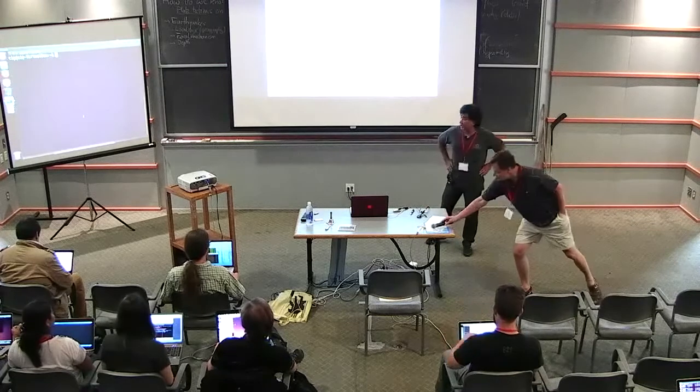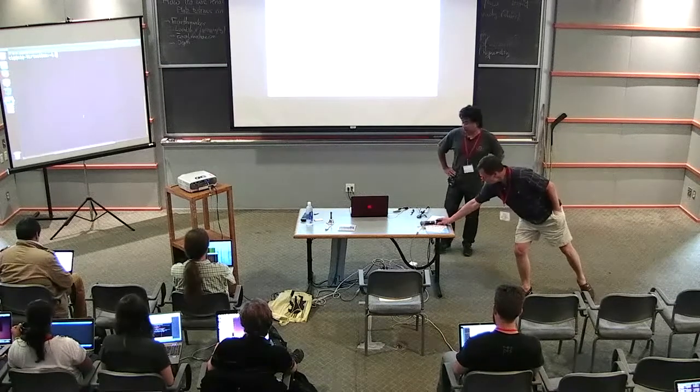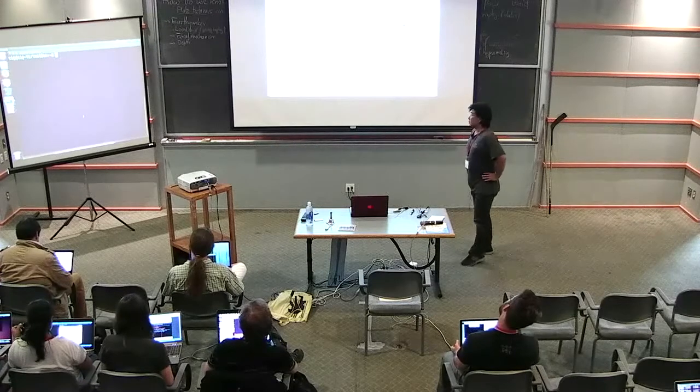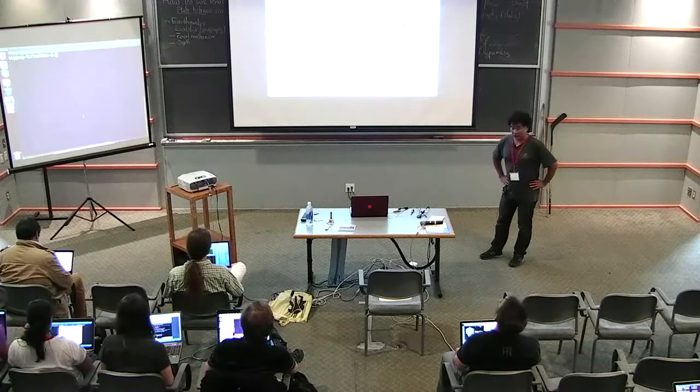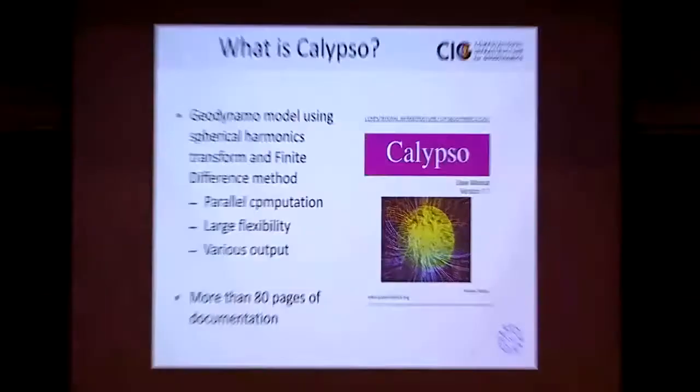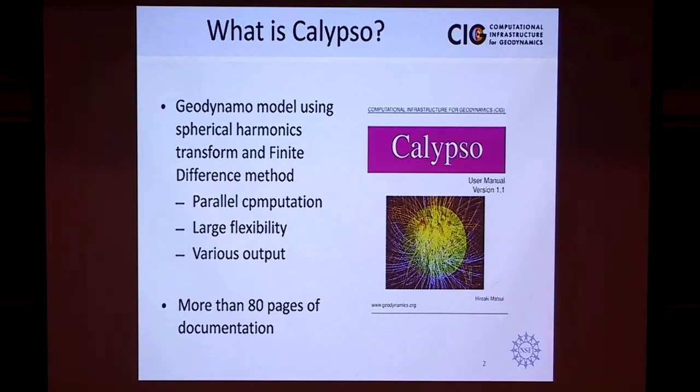So today I have a tutorial for the Calypso. As Bruce has introduced, Calypso is a numerical dynamo code for the rotating spherical shell, and it works on a parallel computer platform with MPI.